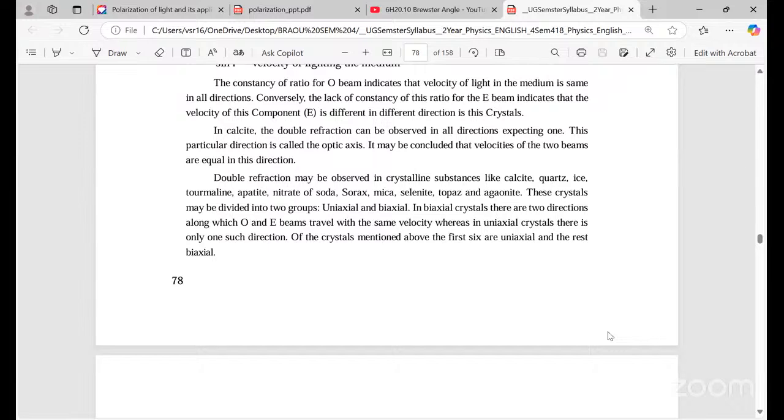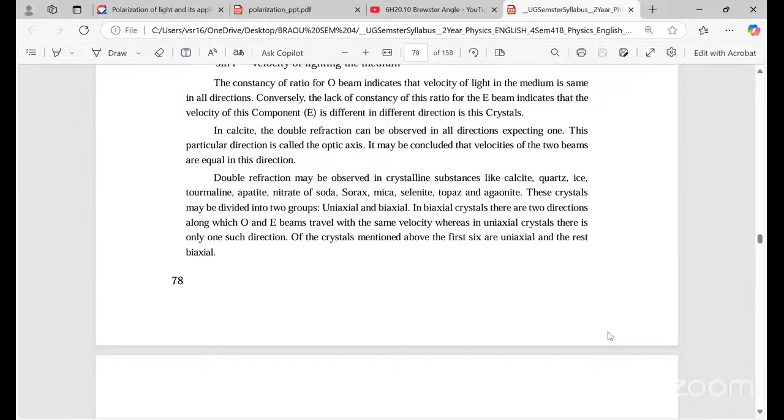It may be concluded that the velocities of the two beams are equal in this direction. Along the optic axis, the extraordinary as well as the ordinary ray velocity should be the same. That axis is the optic axis.